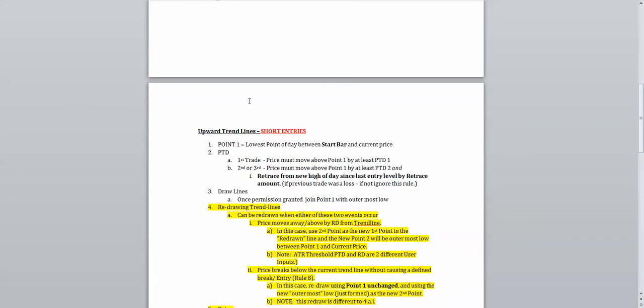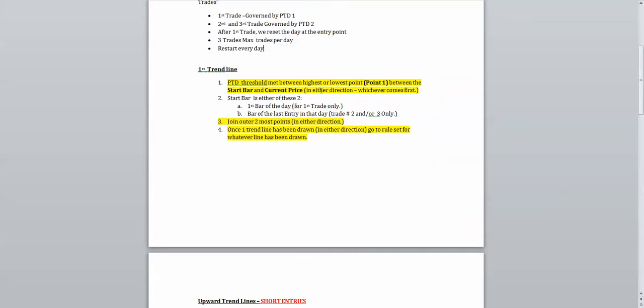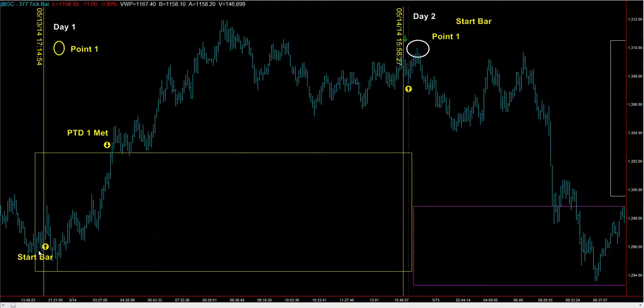So once we have our PTD threshold met, we have permission to draw the outermost lines. Now drawing them, point 1 is the lowest point of the day between start bar and current price. The start bar is over here.